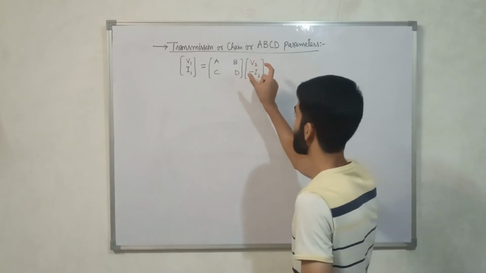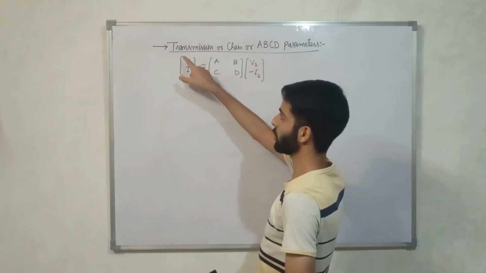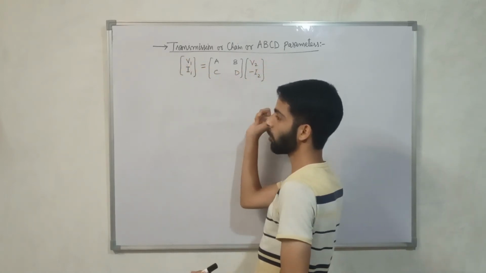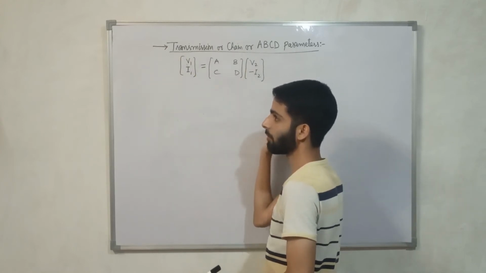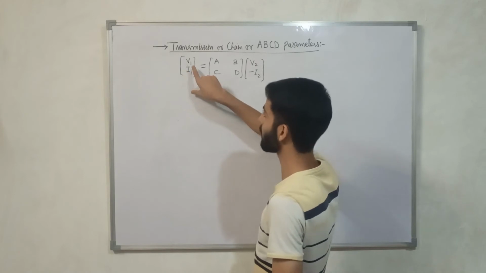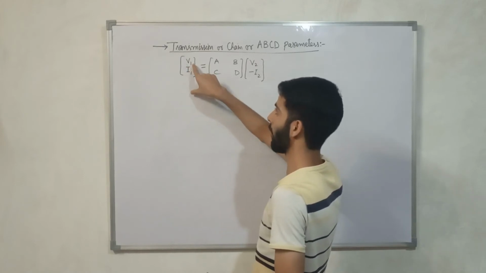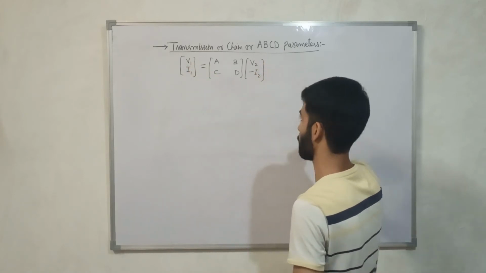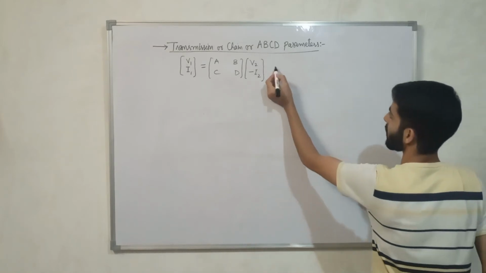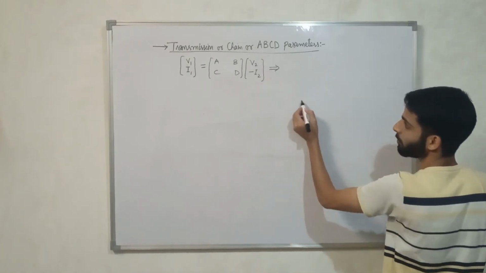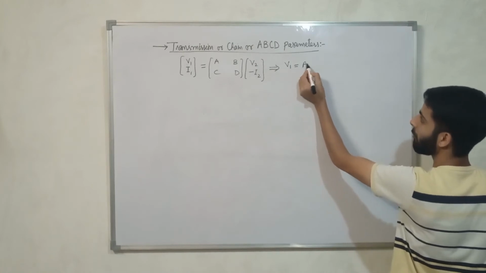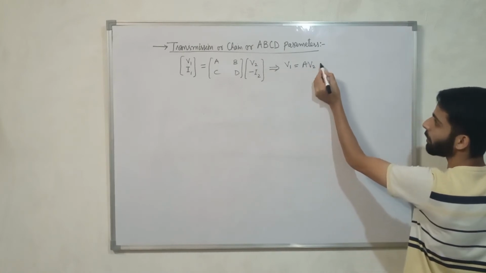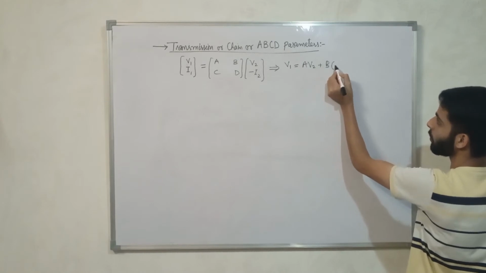In these transmission or chain or ABCD parameters, you won't see the input side and output side on one hand and the other hand of the equals sign, but you will see the symmetry between the terminals 1 1 and 2 2.